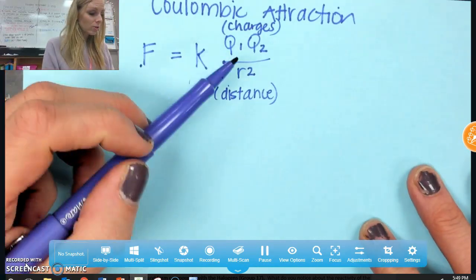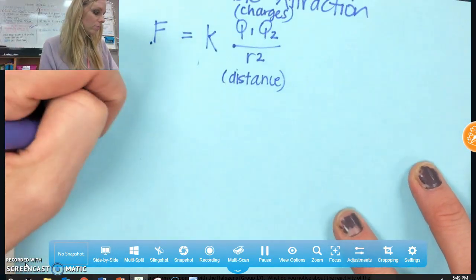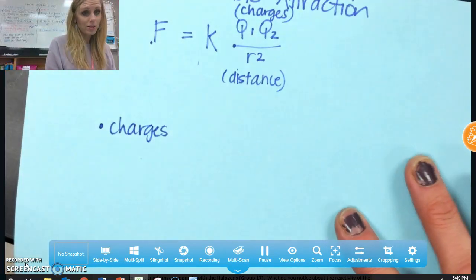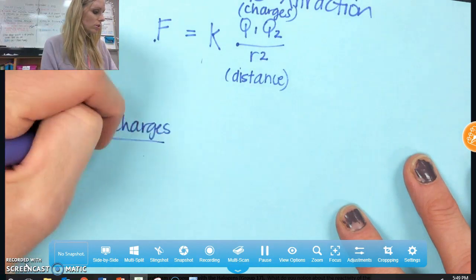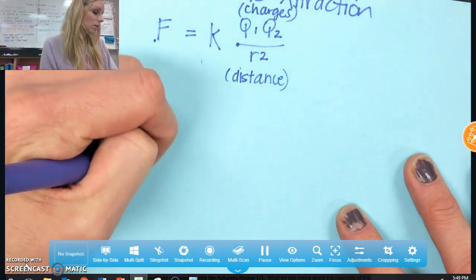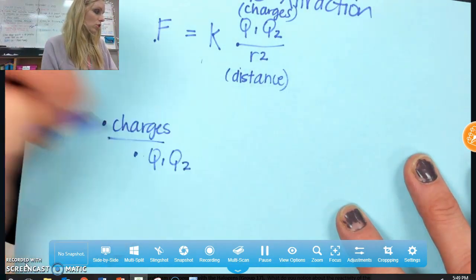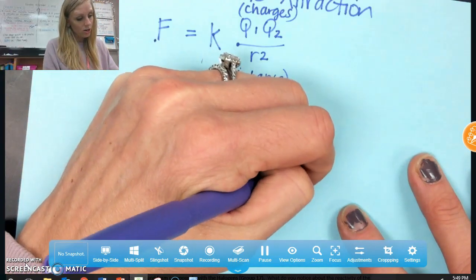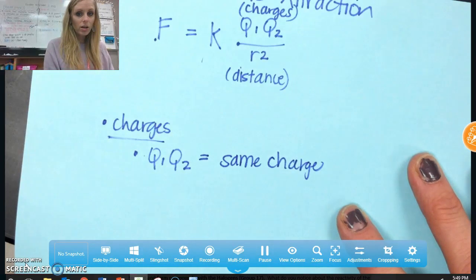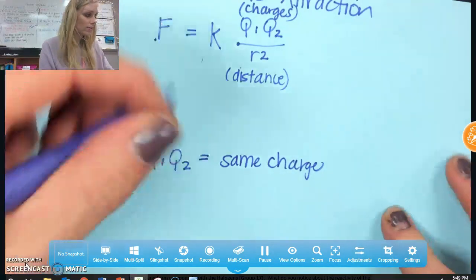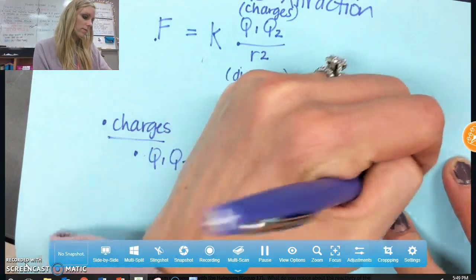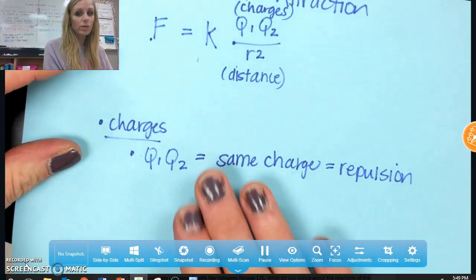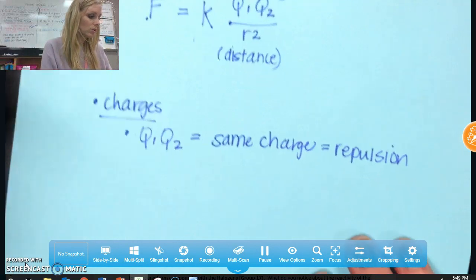So real quick, let's write this down in case you're wanting to take notes on this. Your charges, that's your Q1 times Q2, if those are the same charge. If you're talking about two electrons with two negative charges, obviously that is repulsion. That means you're talking about how strongly these two things repel each other.